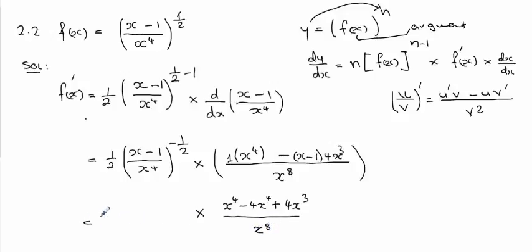And this is multiplying this. Now what we have here is power minus half. So what you can do, we know that the negative power there will mean we must get this inverted.